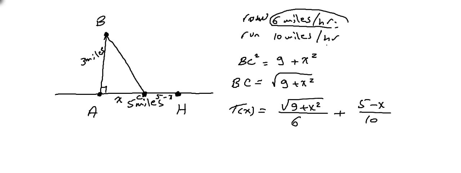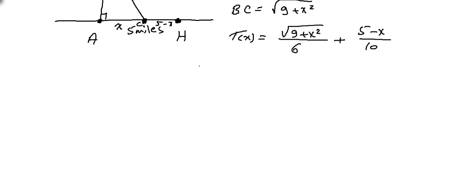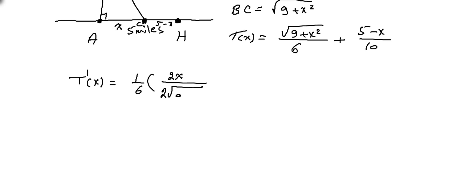That's good. So what we have to do here is find its derivative, T prime of x. It will be 1 over 6 times the derivative of radical 9 plus x squared, which is the derivative of 9 plus x squared, over 2 times radical 9 plus x squared, plus the derivative of 5 minus x over 10.